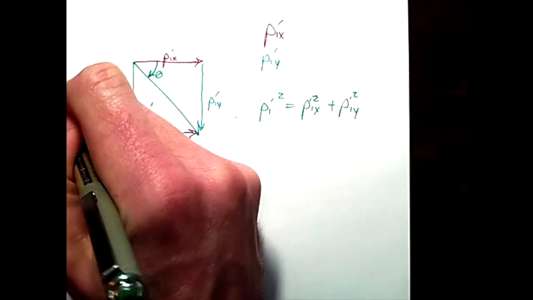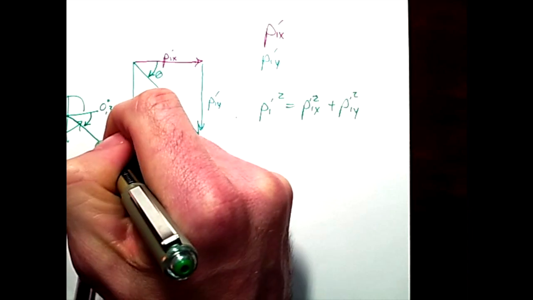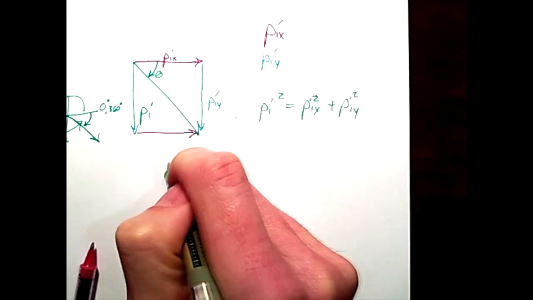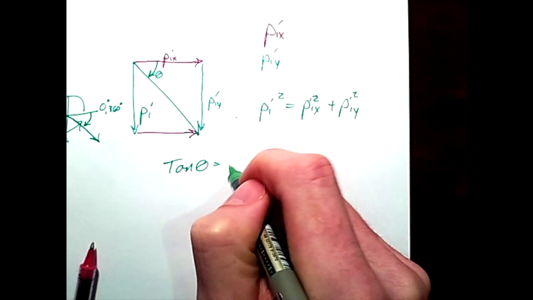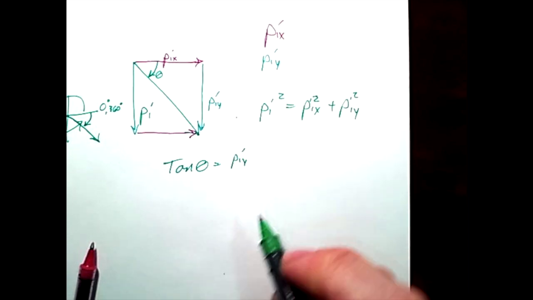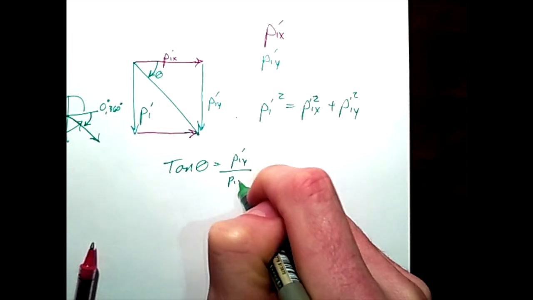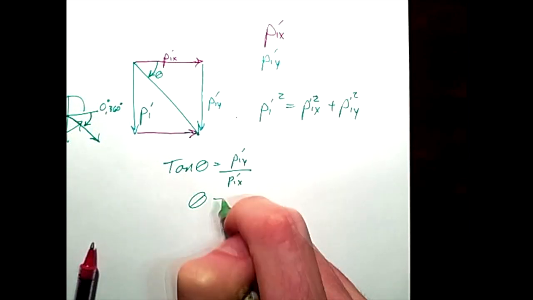If I subtract backwards from 360 degrees, that will put my vector exactly where it needs to be in terms of proper direction. And so I'm going to say that the tangent of theta is equal to the opposite, which would be P1 prime in the y direction, divided by the adjacent, which is P1 prime in the x direction. That allows me to solve for theta.